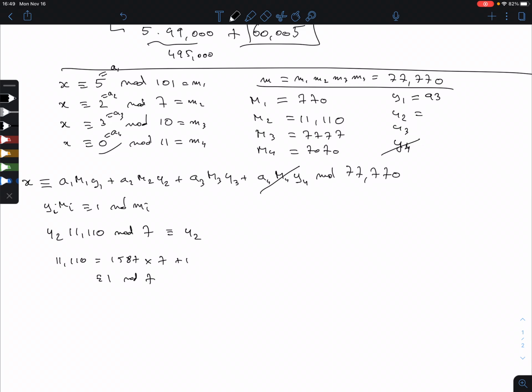So y2 times 1 has to be equivalent to 1 mod 7. Well, that means y2 is 1.